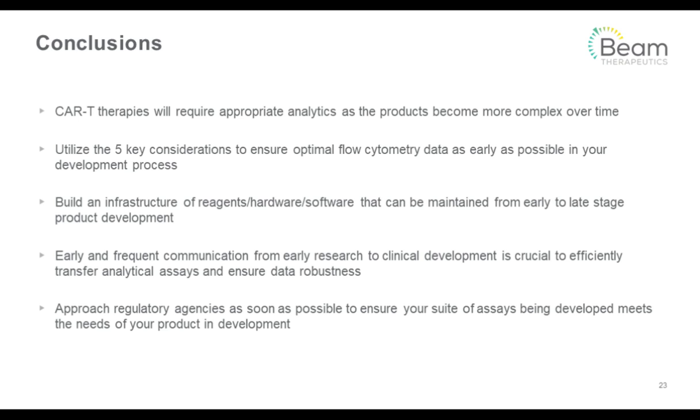If you know that you're also going to be seeking external manufacturing organizations to manufacture your product, have conversations early with them as well to see what hardware and software they have on site. And if possible, if there's room in the budget to be able to synchronize across sites, I think that is always great to keep in mind.